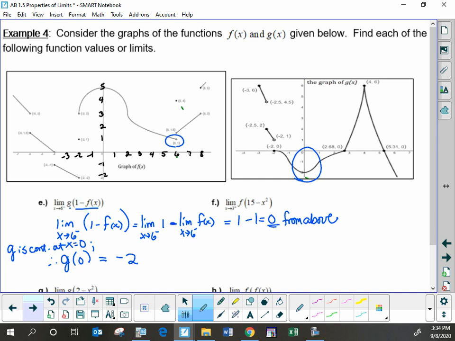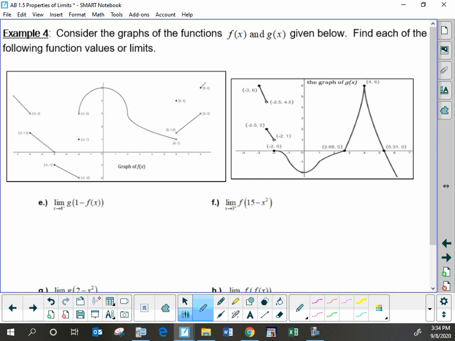All right, f. 15 minus x squared. So I'm going to erase this. Think of this as like a g of x, right? I got an inner function, and that g of x function is 15 minus x squared. So in my mind, I'm kind of thinking f, the limit as x approaches 3, I believe that looks like from the right, yep, of 15 minus x squared.